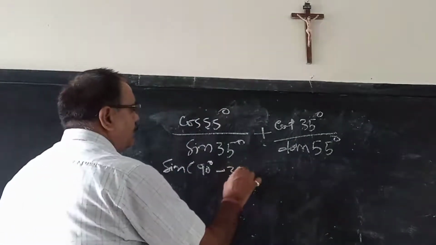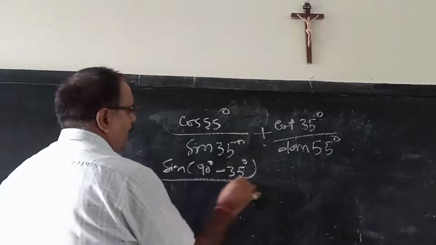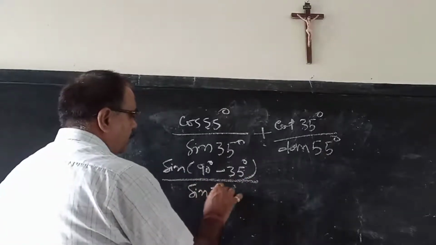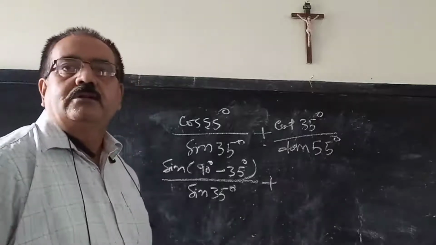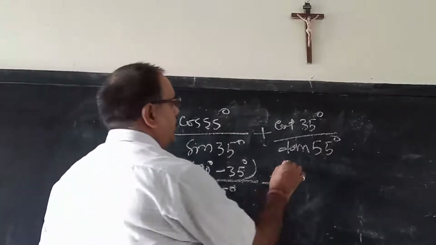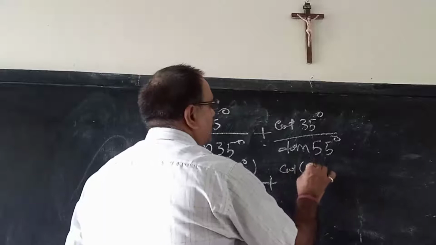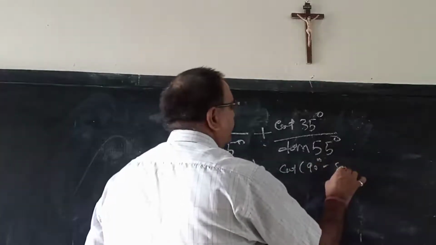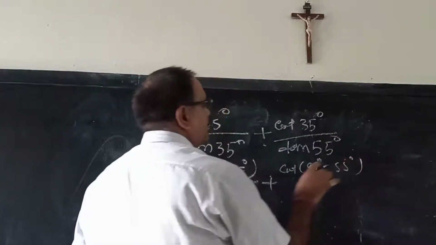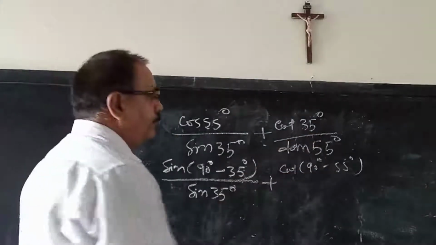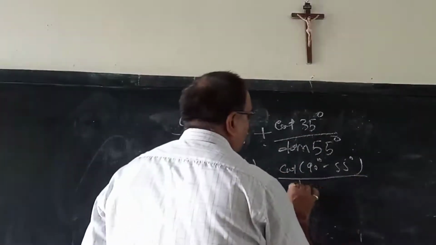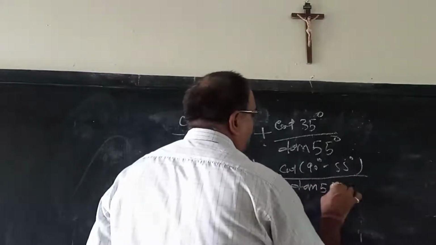So sin(90 minus 35 degree) by sin 35 degree. Same way here, cot(90 degree minus 55): how much to subtract from 90 so that it equals 35? So 55. Then tan 55 degree.